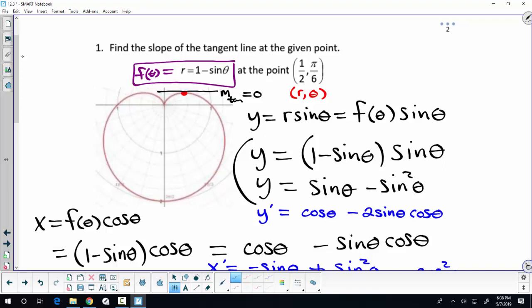Oh, because that was given to us. That's this function right here that describes that cardioid. And we're just multiplying it by sine theta because it's the y. Yeah, right. Okay, sure.